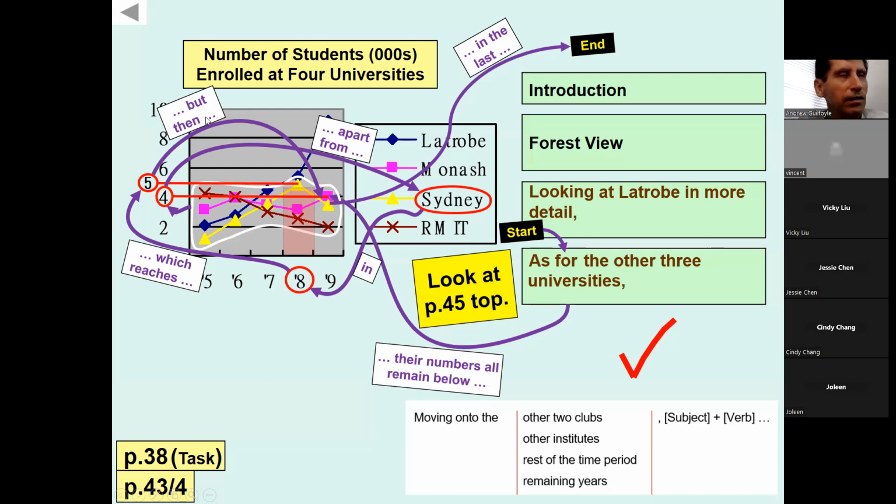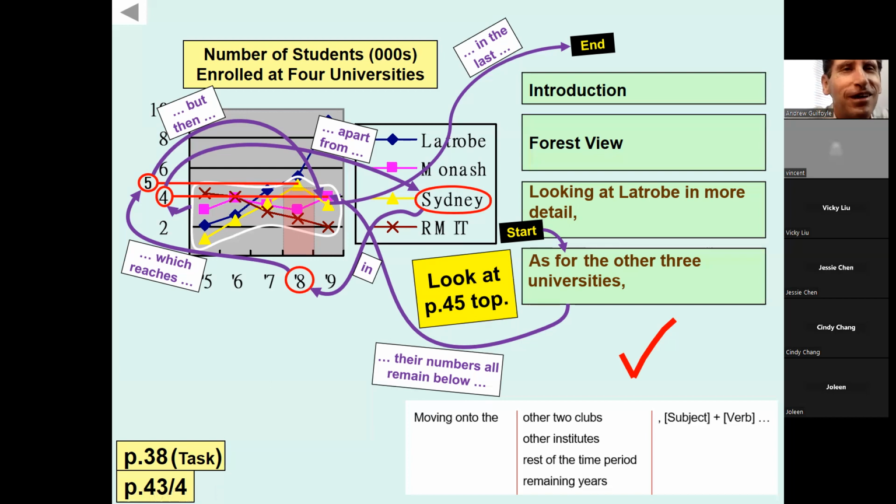But then it falls in the last year. Well done.